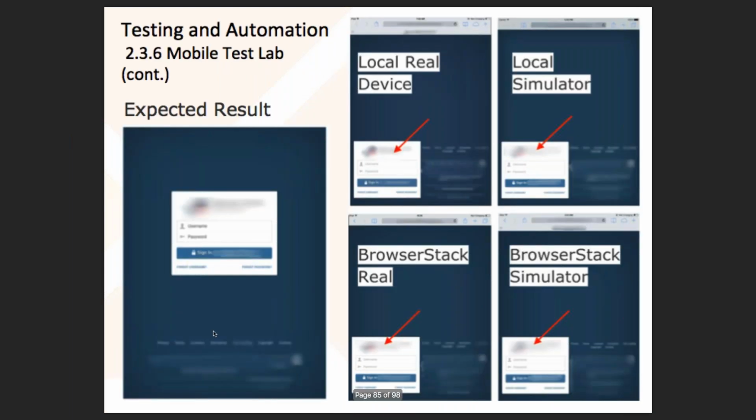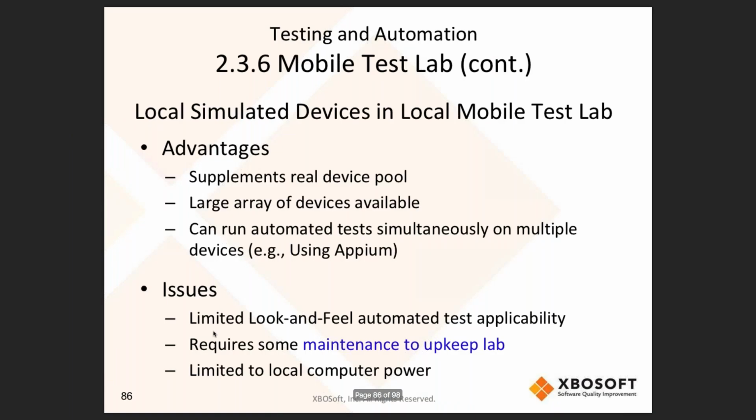Yeah, well, this slide here shows some of the advantages of local simulated devices. A real device is always the best. The simulated devices help supplement a real device pool, and you can have a large array of devices.